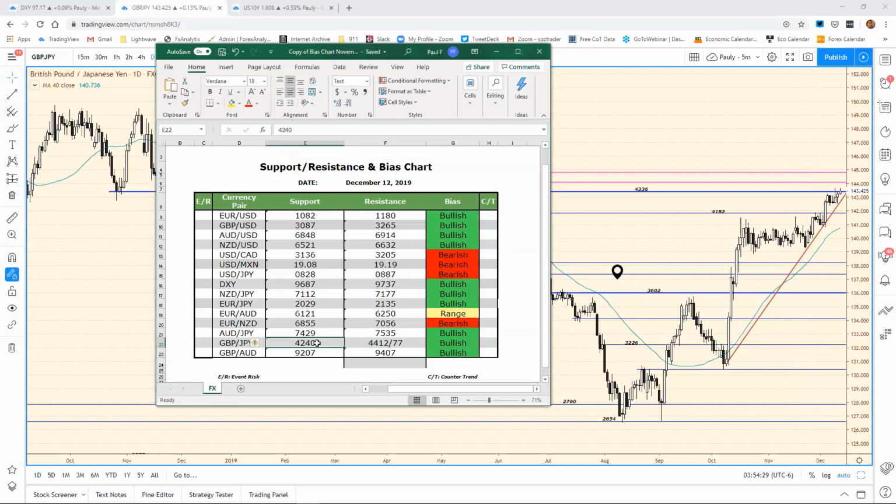If we had 42.40, and then we'll go 41.43.